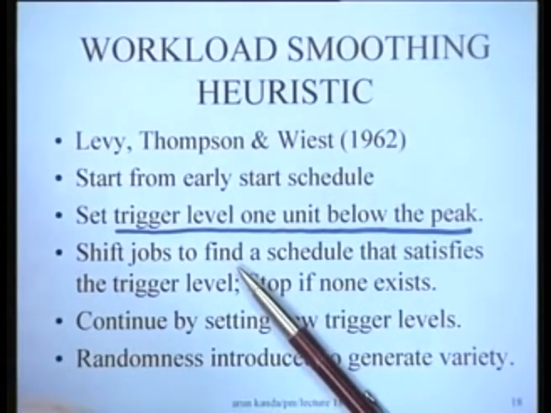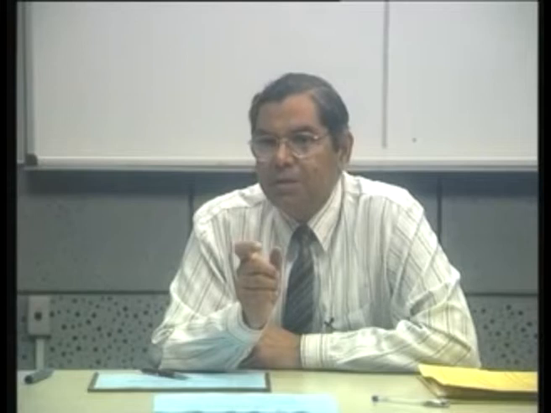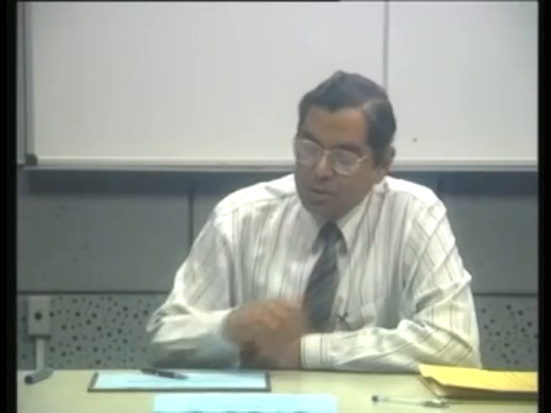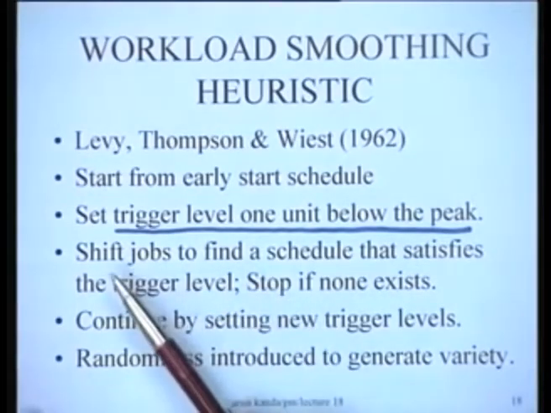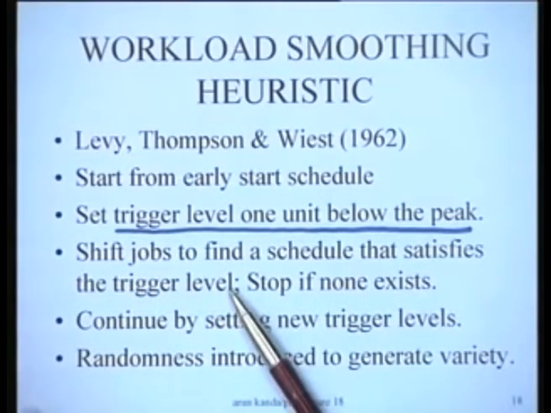So if you find that there are a number of jobs who have enough floats so that they can be shifted beyond the peak, then those jobs could become candidates for shifting, and you could reduce the duration of the peak, hopefully, right? So this is the general logic. You are shifting jobs to find a schedule that satisfies the trigger level.